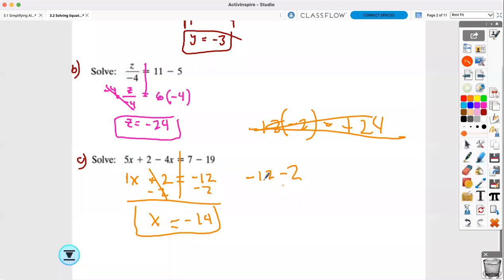That's why I bring money into these kinds of problems, because we know money, right? So -12 means we owe the bank 12. And then minusing 2, are we spending 2 more or are we adding 2 to the account? We're spending. So if we owe the bank 12 already and we spend another 2, we owe the bank how much? 14.